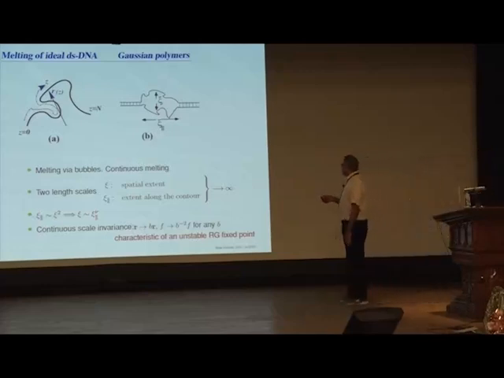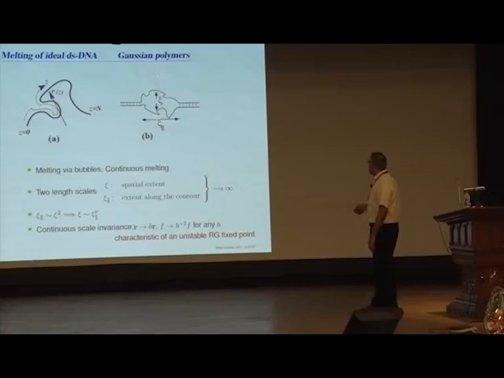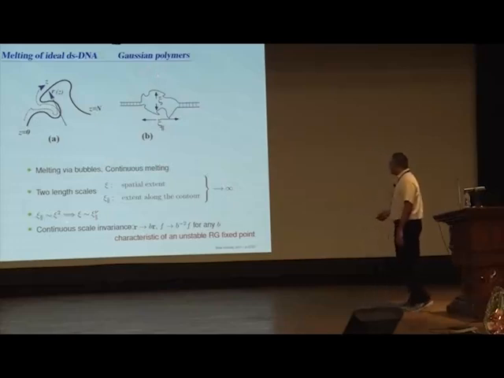One will be the number of base pairs broken, that I will call Xi parallel. It's parallel because it's parallel to the backbone of DNA. And the other one is the size it occupies in space. These two are again standard quantities in polymer physics, related by the polymer size exponent: the size of this polymer is related to its length to the power nu.